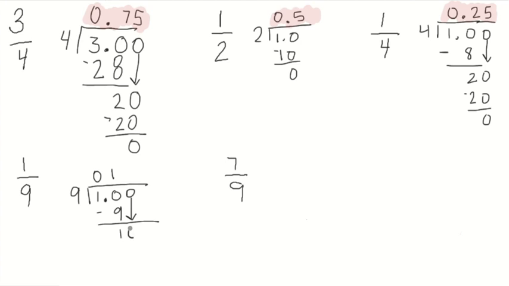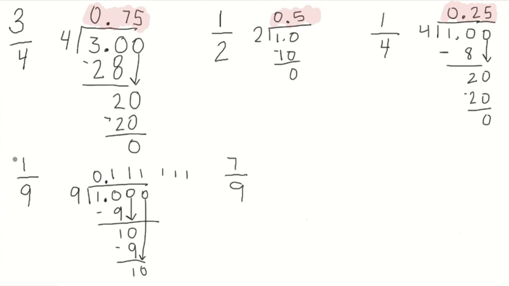Bring down the 0. 9 into 10, 1 time. What is 9 times 1? 9. Subtract, 1 left over. Bring down the 0. Look, the process is repeating, and it's going to continue to repeat for an infinite amount of times, okay? I forgot to bring my decimal up.